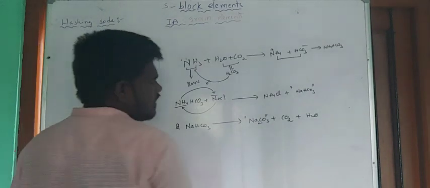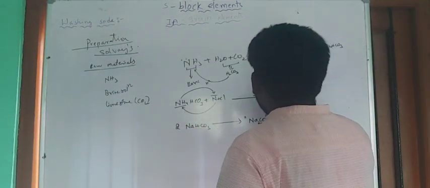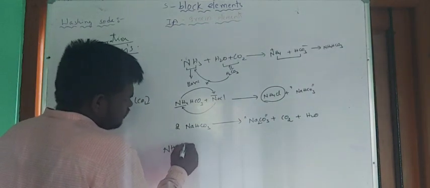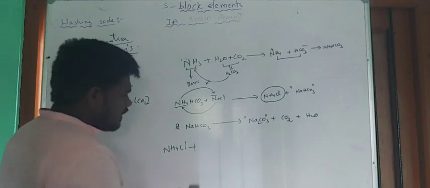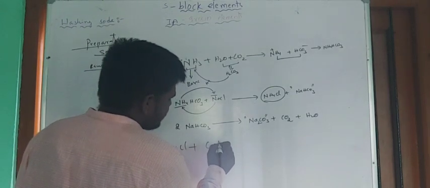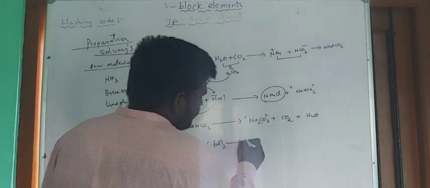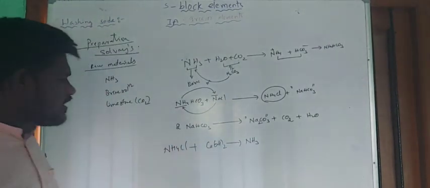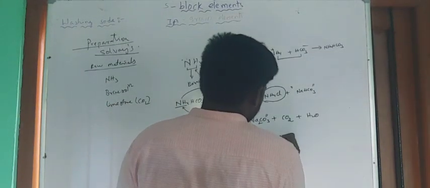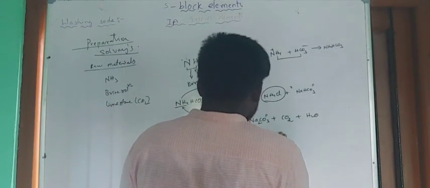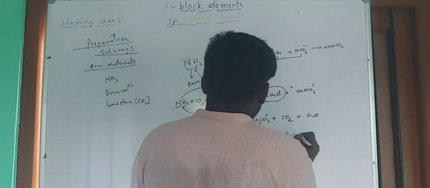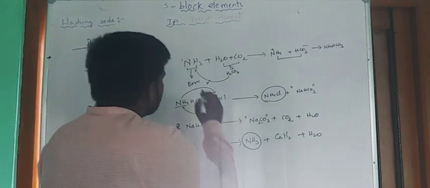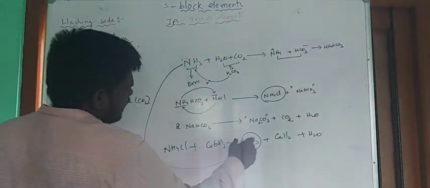Now you see the second reaction. In this reaction we have got NH4Cl. When this NH4Cl is treated with calcium hydroxide, Ca(OH)2, ammonia will be regenerated, with byproducts CO2 gas, CaCl2 plus water, and we can use this in the first step again.